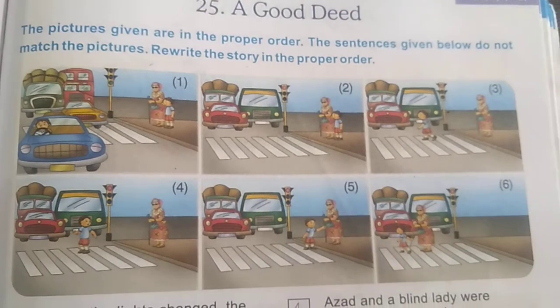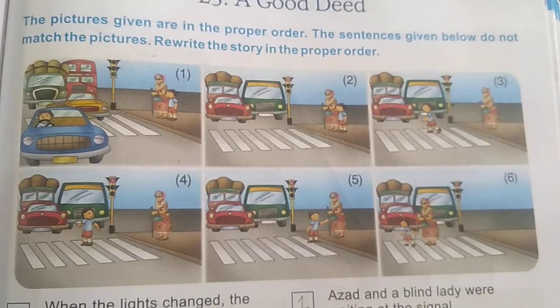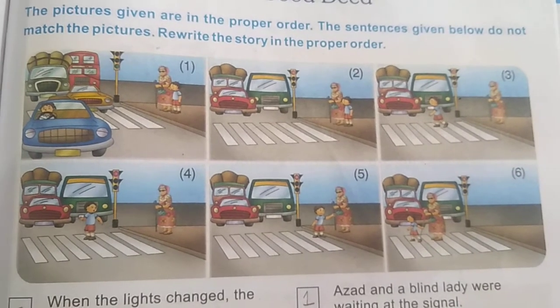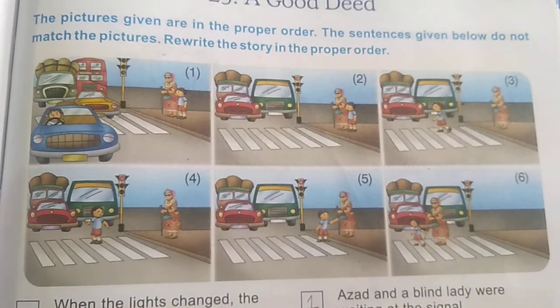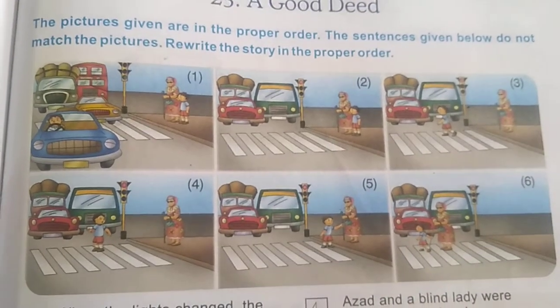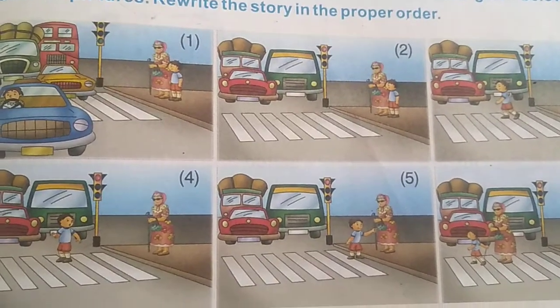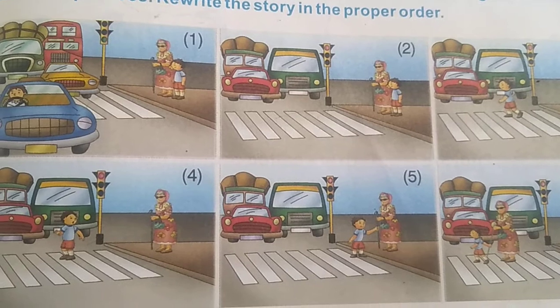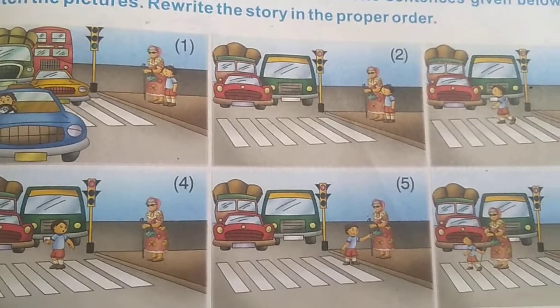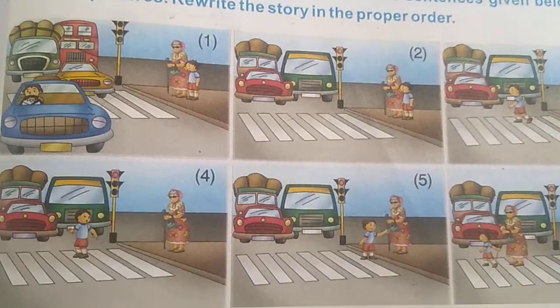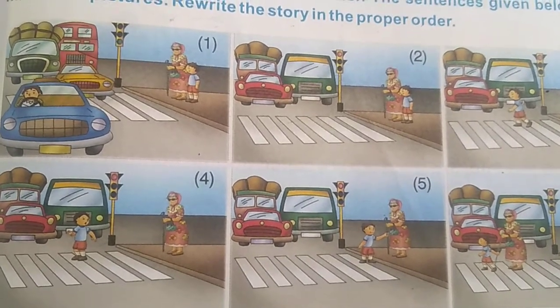In the second picture, the signal light is on, with green light, orange light and blue light. It will have three lights. And you can see here the grandma and the boy are standing on the footpath and no vehicles are moving because an orange signal is given.